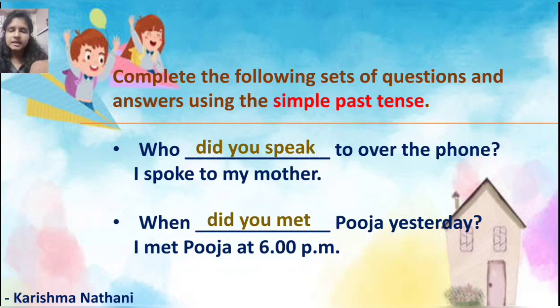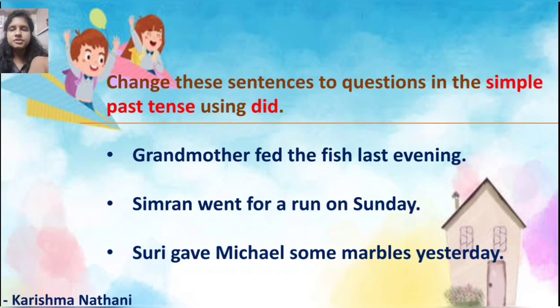Okay. Then next exercise. Change these sentences to questions in the simple past tense using did. Again, remember that when we are using did, we have to put the present form of the verb.